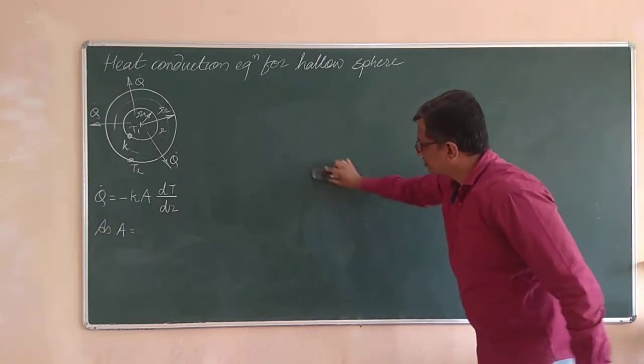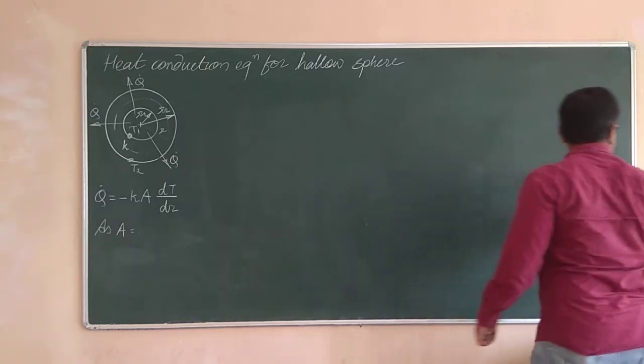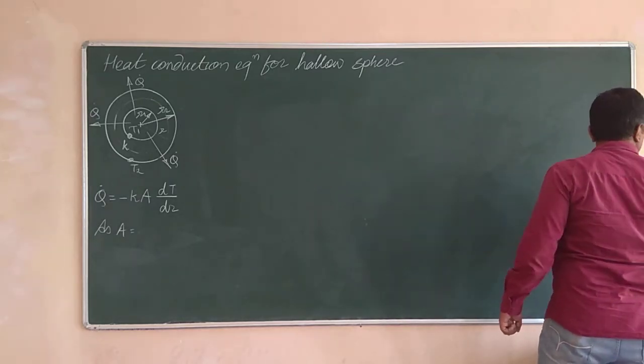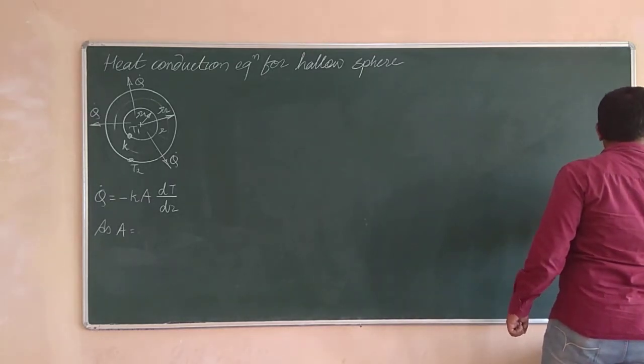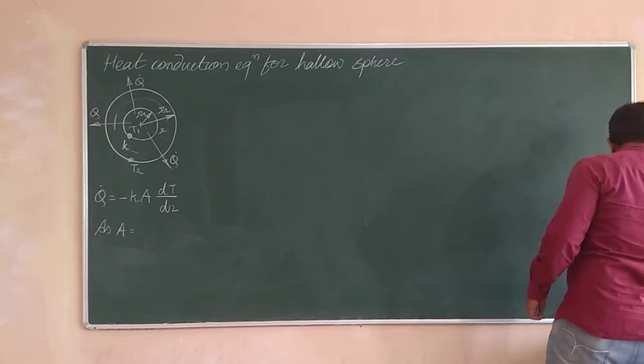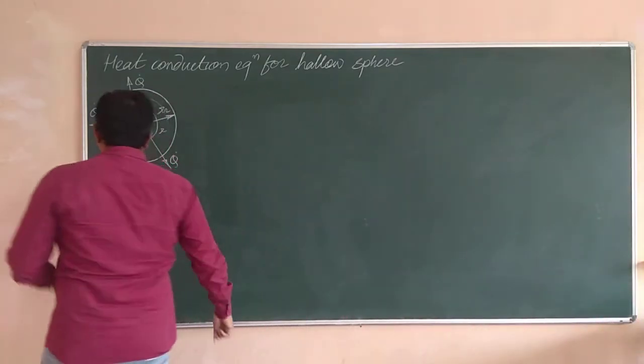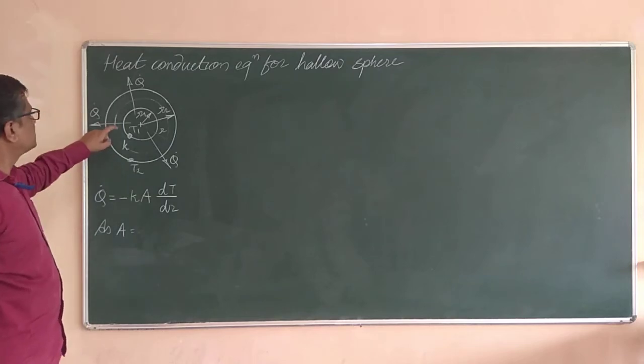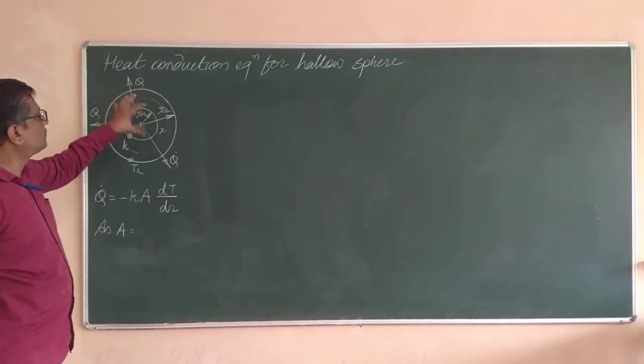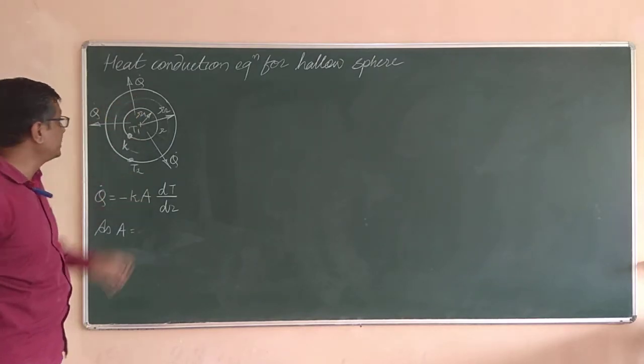Now with the aid of Fourier's law, we will get the heat conduction equation through a hollow sphere. Well, now let me tell you what this is. This is the figure, the cross section of a hollow sphere.